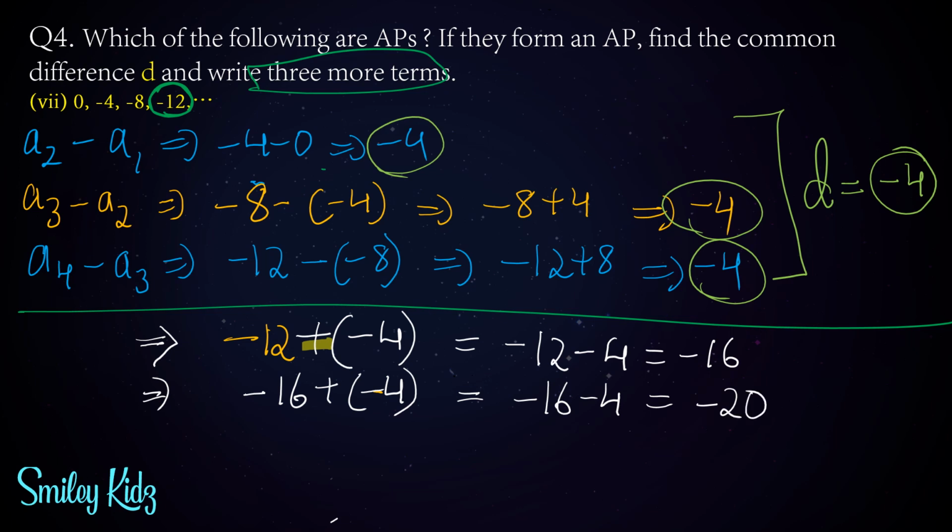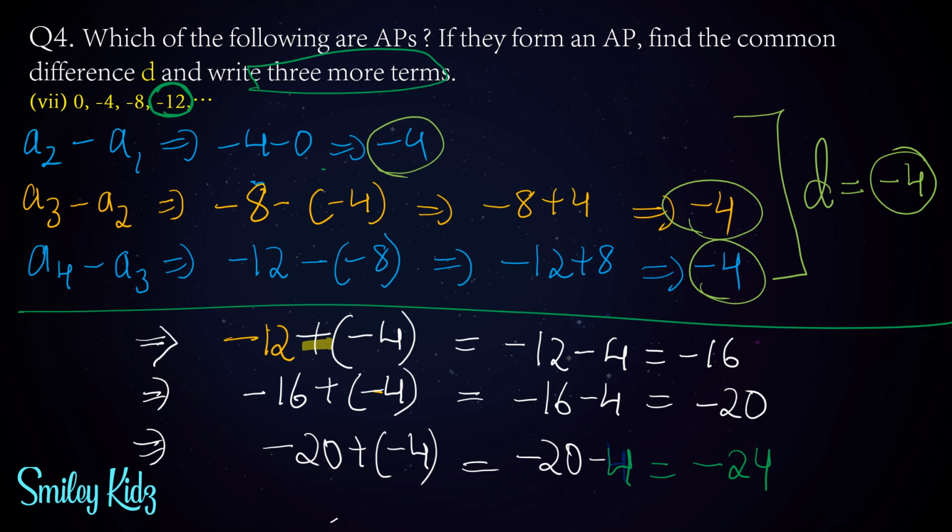That is your next term. Then minus 20 plus of minus 4, which is minus 20 minus 4, which is going to give you minus 24. So the next three terms are minus 16, minus 20 and minus 24. Apart from that, the common difference is minus 4.